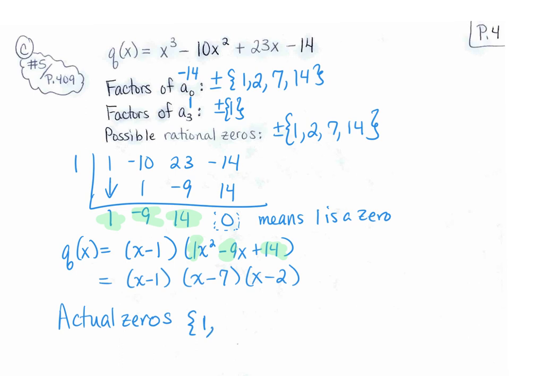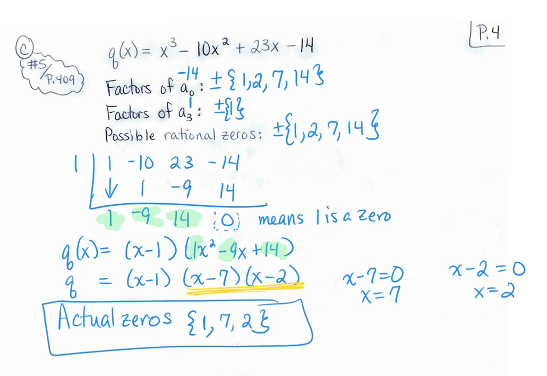But now we have these other two factors here where we have to find those zeros. So you would have x minus 7 equals 0, and then you'd have x minus 2 equals 0, which means x equals what? 7. And x equals? 2. Good. So 1, what are your other zeros? 7 and 2. That's it.